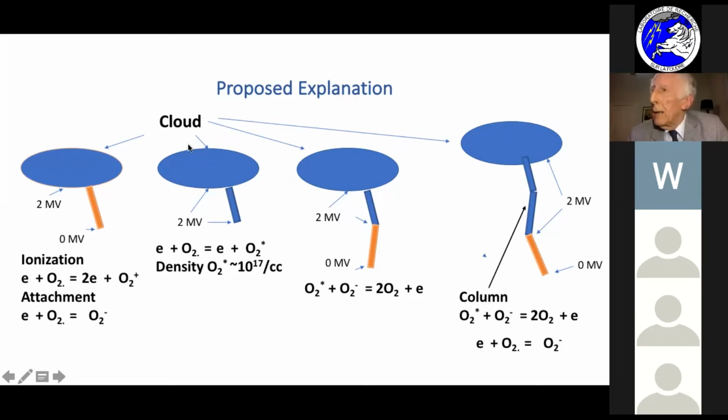But now, once this step is formed, even when it goes out, there's still a voltage left, may not be quite 2 megavolts, but there's a voltage there, and there are electrons there, and we know that electrons hitting oxygen can create excited oxygen, and the first excited state of the oxygen molecule is the singlet delta state, which is metastable.